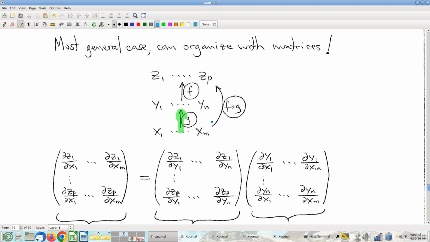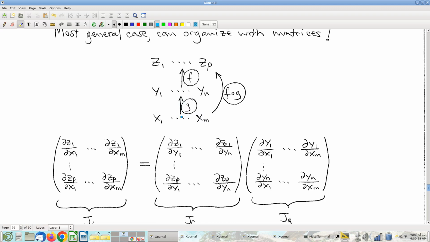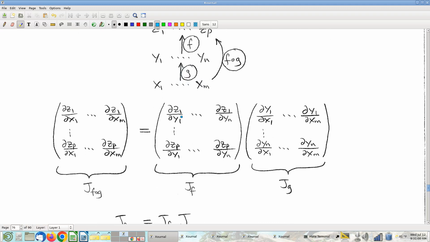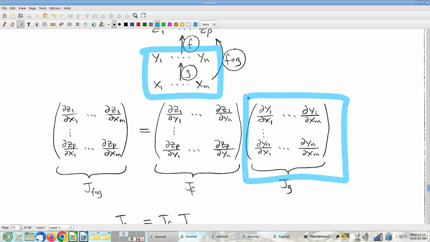But in that case, you can write down a coordinate version of the chain rule, but you can also write down this matrix version of the chain rule. And the big idea is that if you organize the partials of a given function, there are, after all, n different variables that you could take partials of with respect to each of m different input variables.